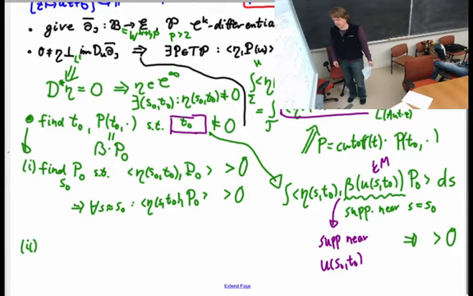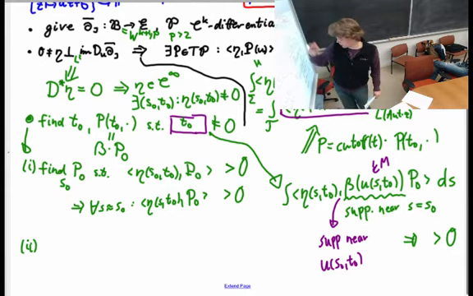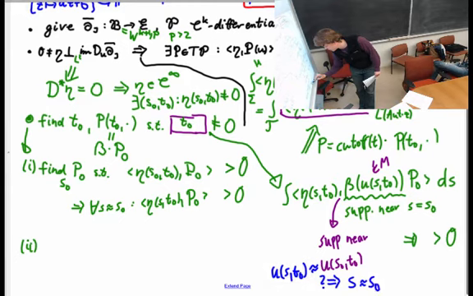And now I'd better make sure that a point u of s,t being close to this implies that s is close to S0.